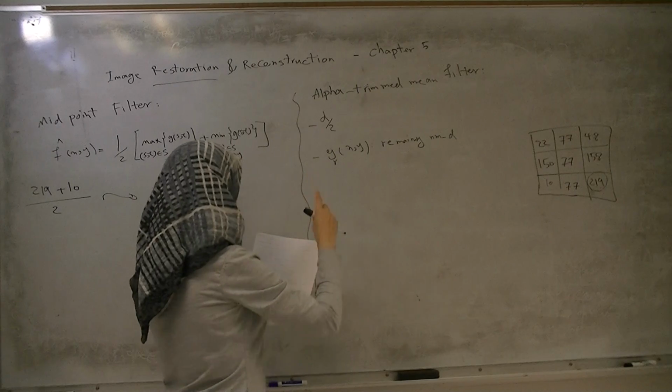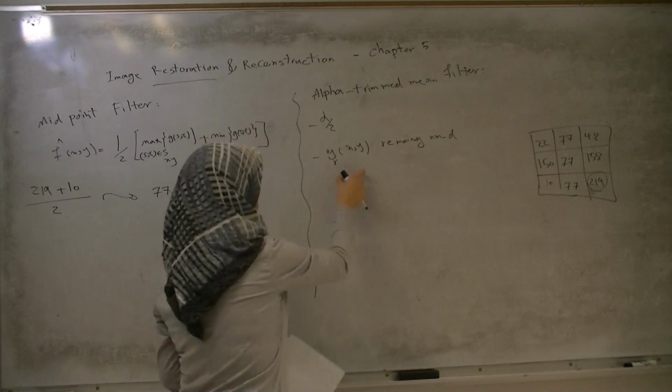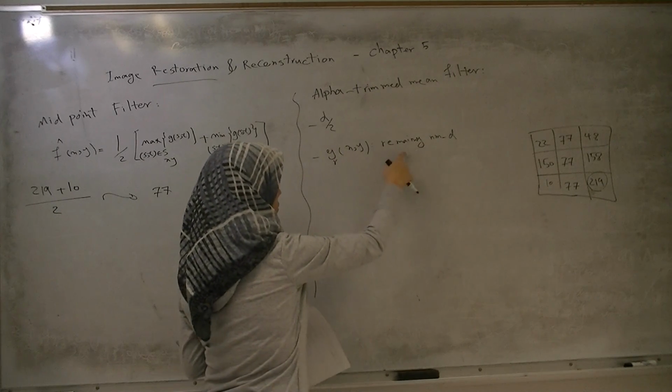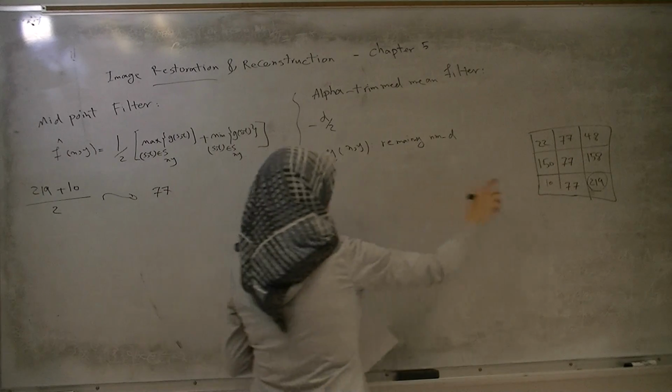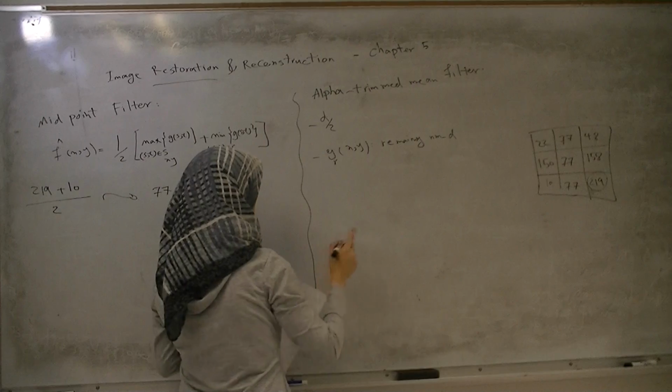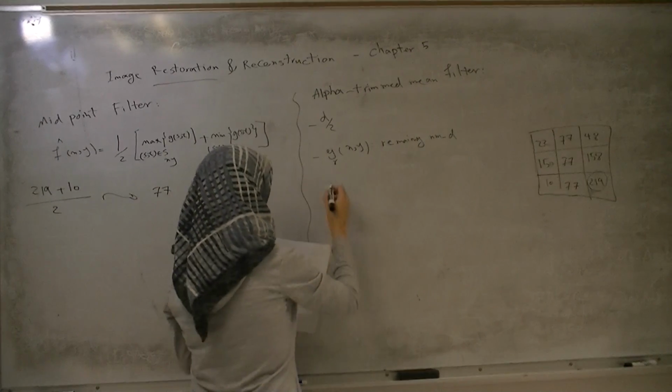So this filter goes by averaging the remaining n minus d pixels, and after that we just put it in the center of this sub-image.